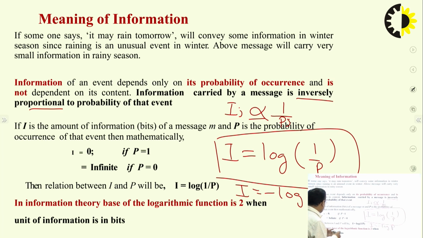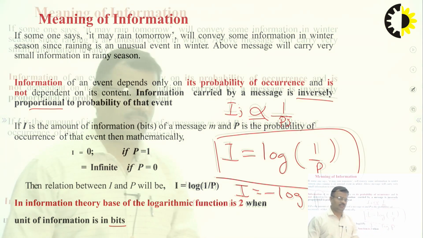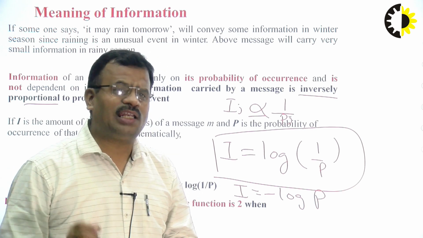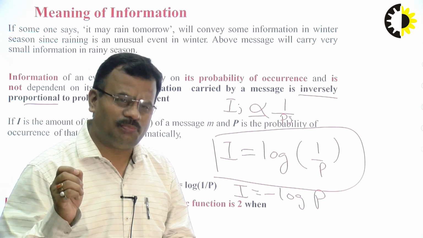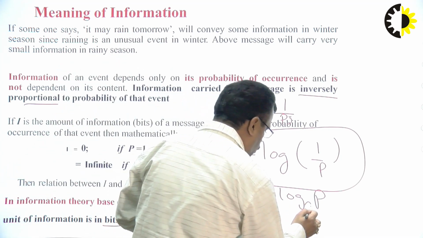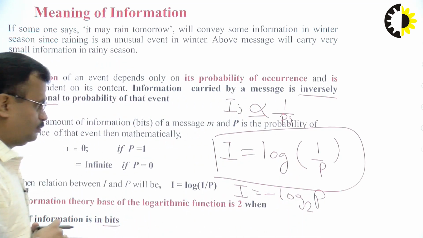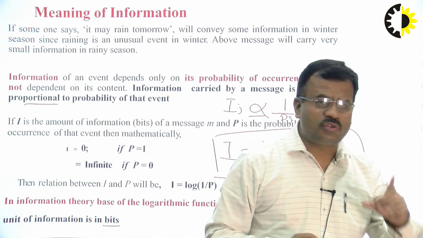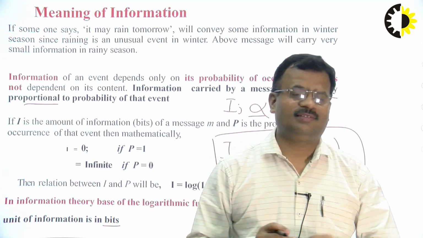Now the information unit. Generally we take it in bits. You know, bits per second, how many bits, like 8 bits, 10 bits. In information theory generally we take the unit of information in bits. If the unit is bits, you always have to take the base of log as 2, because whenever you take log of base 10, the unit will be different.